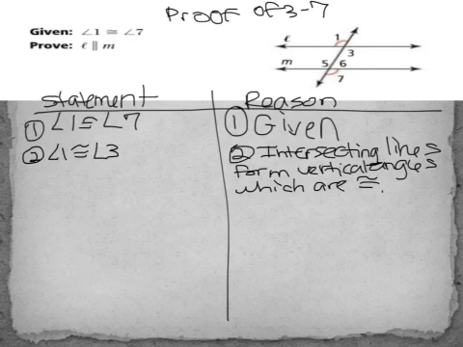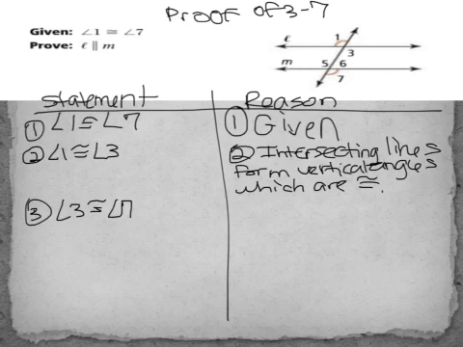Since angle 1 is congruent to angle 7 and angle 1 is congruent to angle 3, we can say that angle 3 is congruent to angle 7 by the transitive property of congruency.